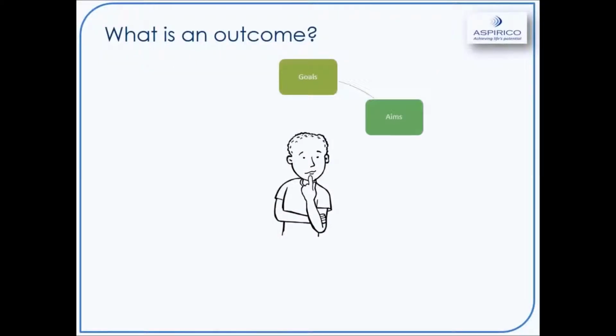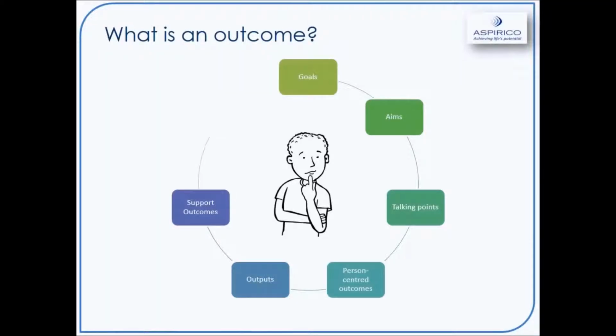So when we talk about outcomes in the social care sector, what do we mean and what other terminology is out there? Across the sector, as you're well aware, we hear lots of different words to describe essentially the same thing, which is either goals, aims, talking points, person-centered outcomes, outputs, support outcomes, or provider outcomes.